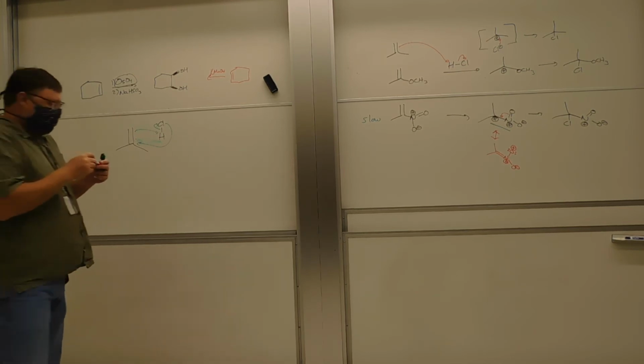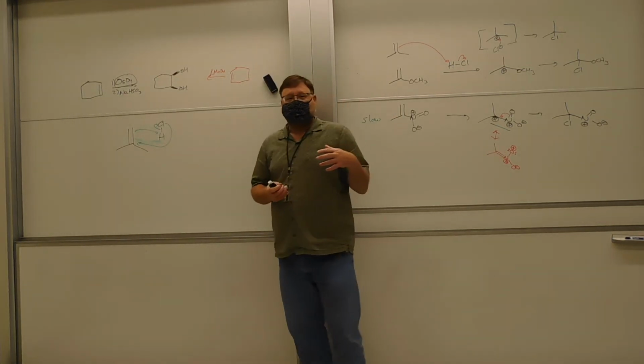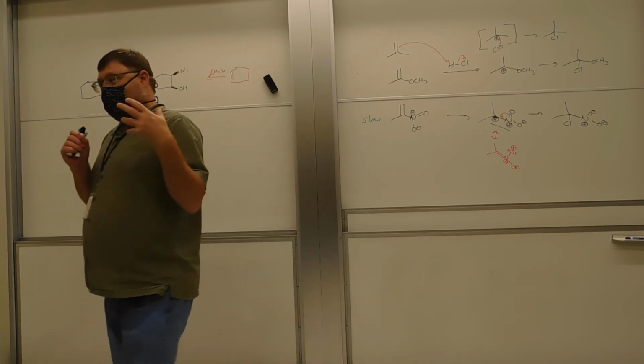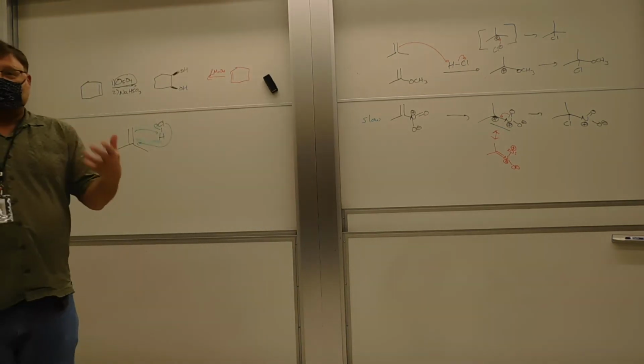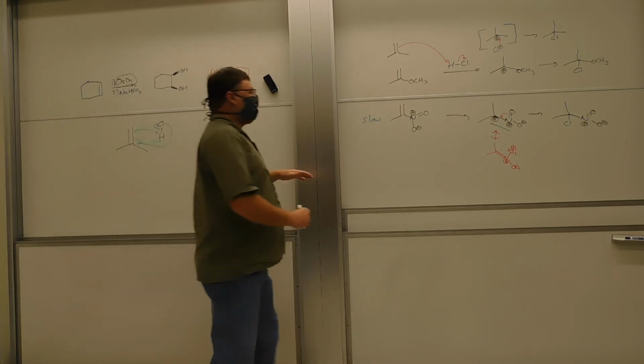But this positive oxygen doesn't have a full octet. In general, anytime we don't have an atom with a full octet, that's bad. Having an electronegative element like oxygen not have a full octet is way worse than having a carbon not have a full octet. So this is a really bad resonance structure.